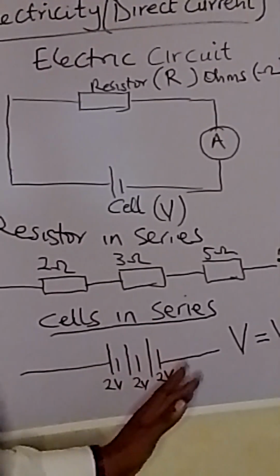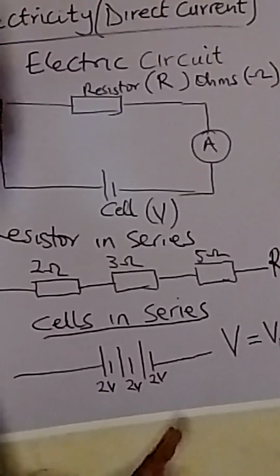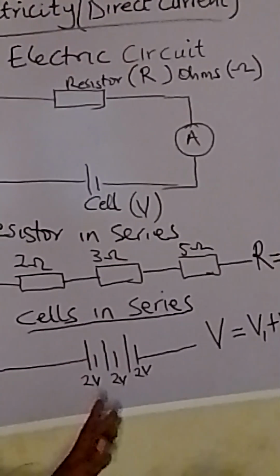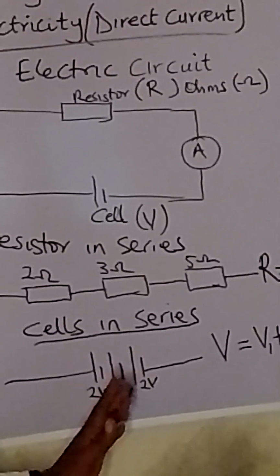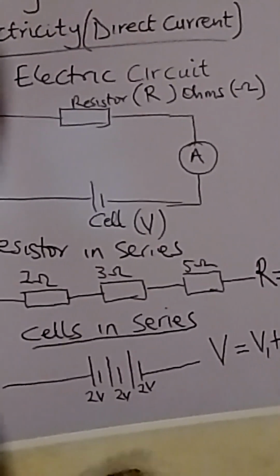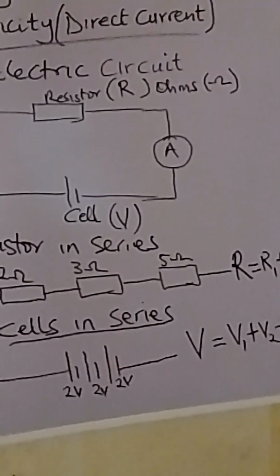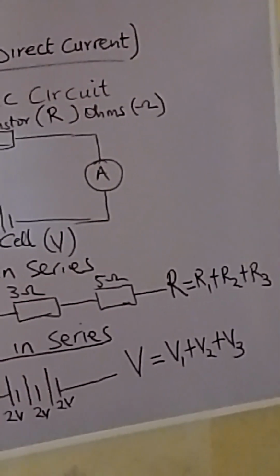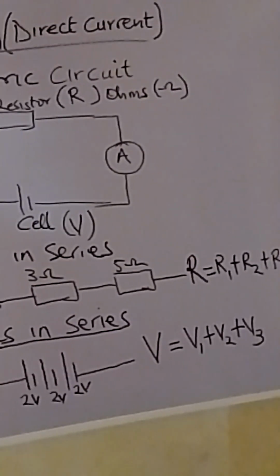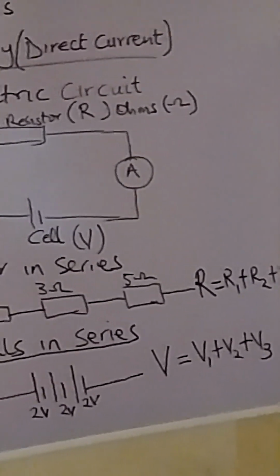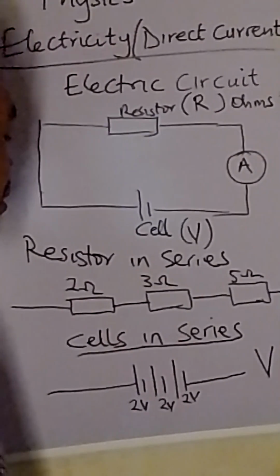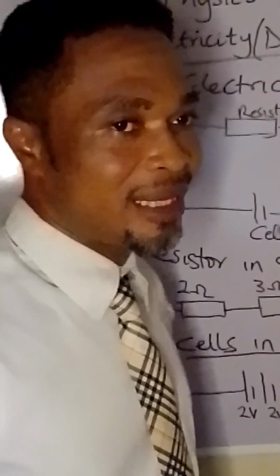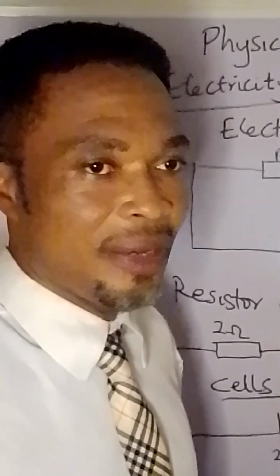We are not going beyond series connection today. We will show how a question looks like in series connection, and then once we do that, we now solve the question, how it looks like, and I will give you the ones you will try when resistors and cells are connected in series.